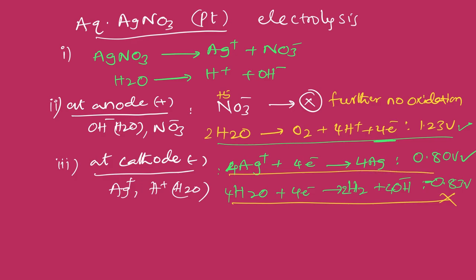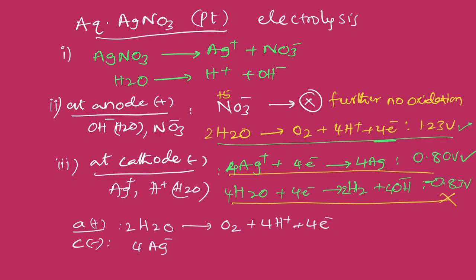This is the only preferable one. Therefore, now together I will write here the anode reaction, that is positive, which one? 2H2O converts into O2 plus 4H plus plus 4 electrons. At the cathode, negatively charged, that is 4Ag plus plus 4 electrons convert into 4Ag.